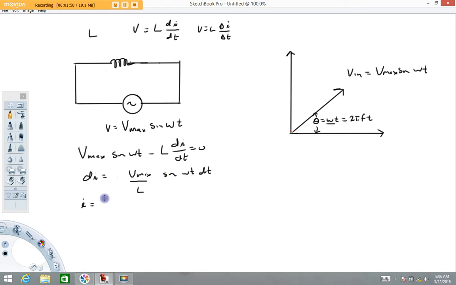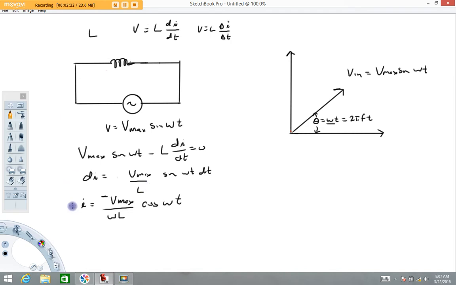So this has an antiderivative of minus V max over omega L cosine omega t. Give me a moment, I want to differentiate it and make sure I get this. We differentiate cosine, we get minus sine times omega. The minuses cancel, this omega cancels that, leaving me with this. Yep, that's right.